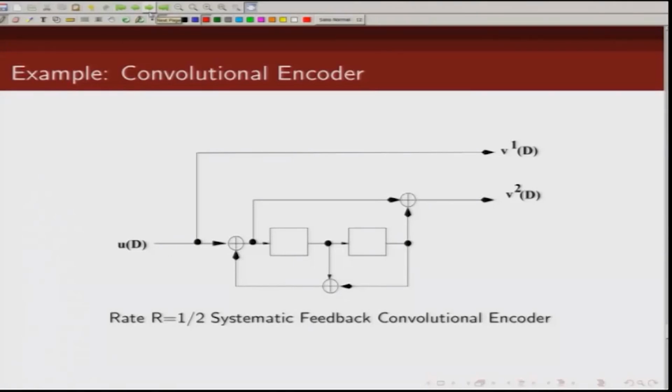So, let us take another example. This is an encoder. Now, following the same procedure as we explained earlier, we can draw the state diagram for this. So, where are the states? This is one state, this is another state, and similarly we can find out for all possible initial states and all possible inputs what are the next state and the corresponding output.